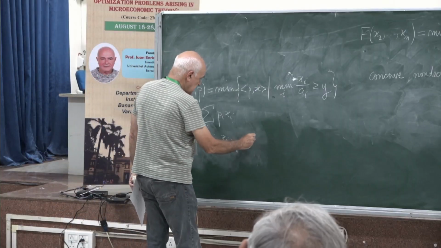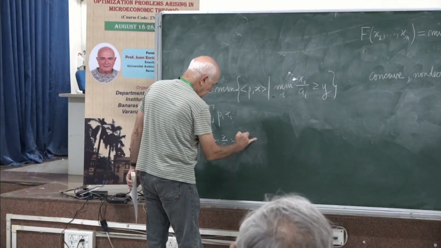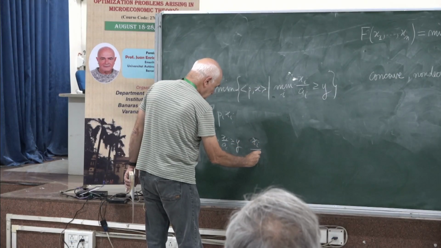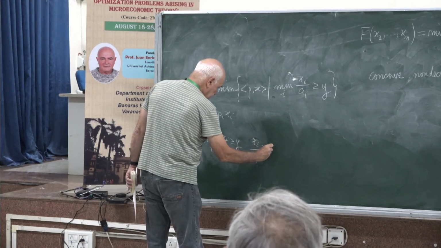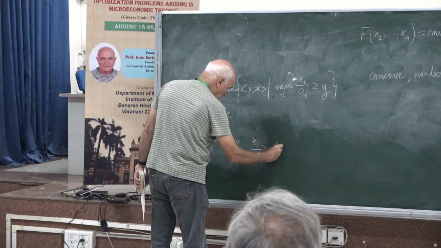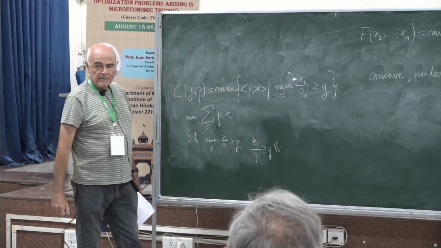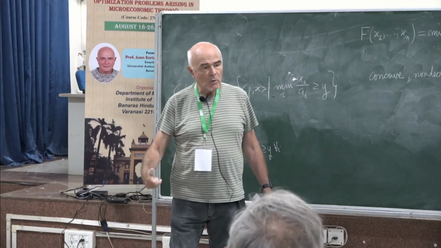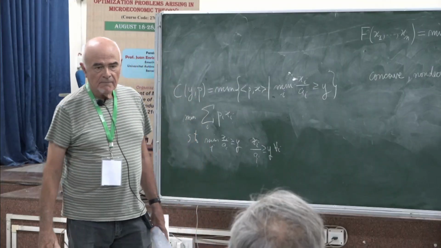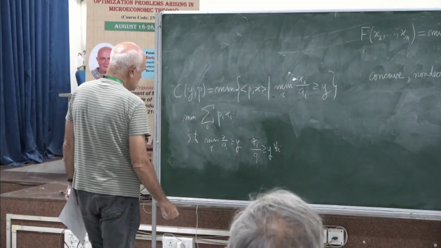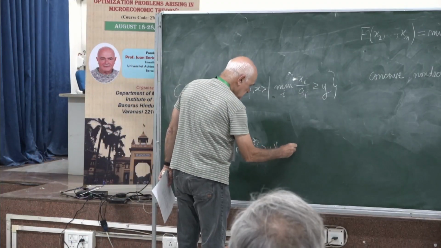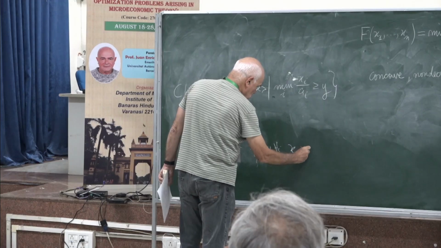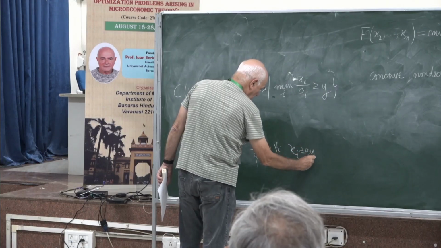But this is the same as saying xi divided by ai greater than or equal to y for every i. The minimum being greater than y is the same as saying every one is greater than y. So we have xi greater than or equal to ai y.